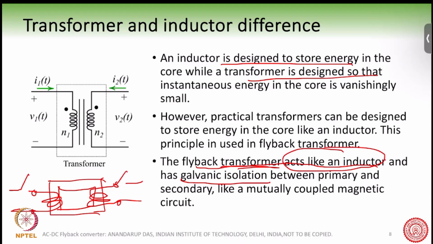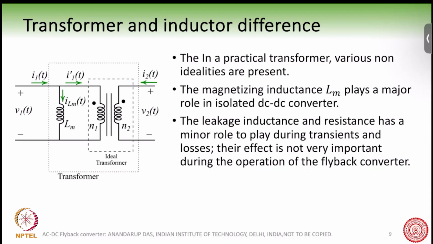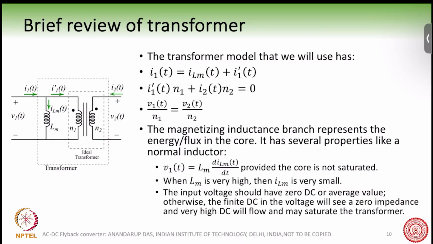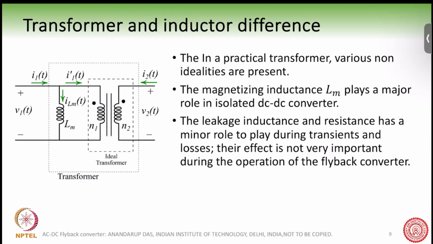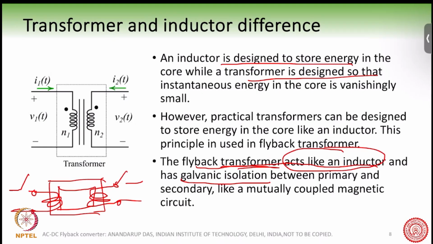Let us see. I will come to this, just hold on for a second. We will come to this a little bit later, how it will work as an inductor. But the principle is that the transformer here, although it has a primary and a secondary, will act as an inductor.